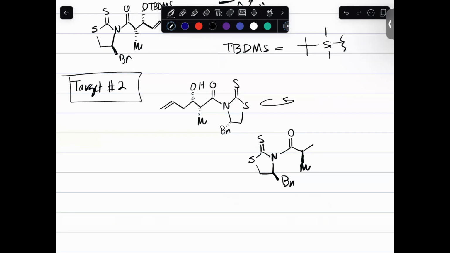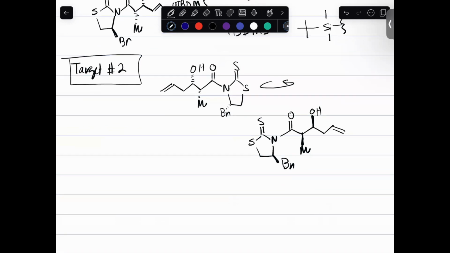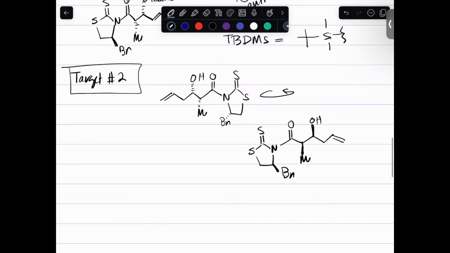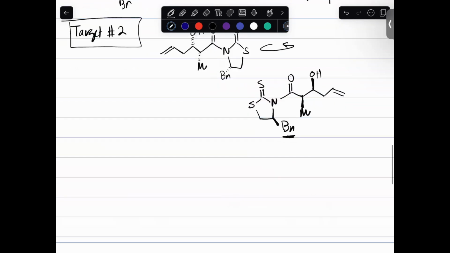Still the syn product, but my substituents are now wedged. Okay. So there's my target structure. I am starting with the exact same thiazolidine thione, where the benzyl group is wedged. So exactly the same thiazolidine thione that I used for target number 1.